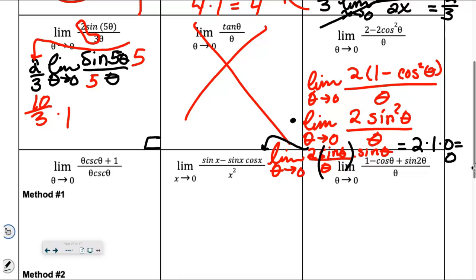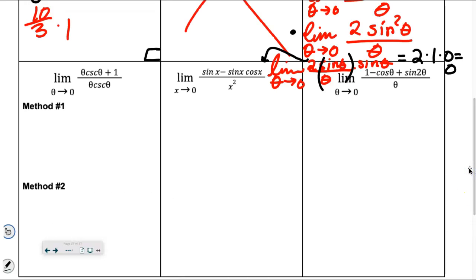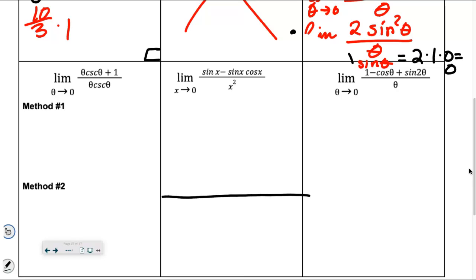We actually did that one 2 ways as well. We factored this into a difference of squares, and then we ended up having that second trig one that goes to 0, but we don't really need to do that right now. So in this situation right here, I paused and I said, you guys, think back to elementary school.